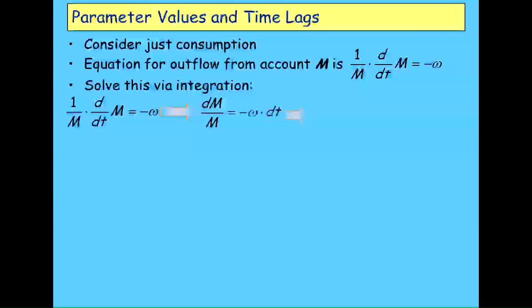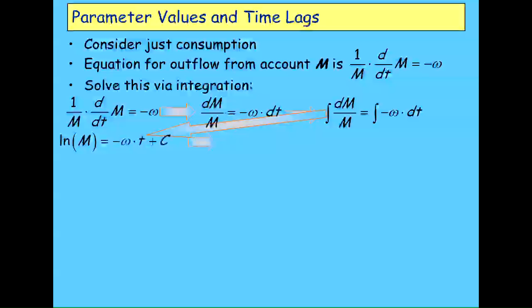Then I integrate both sides, one with respect to m, the other with respect to t. That gives me the log of m on one side and omega times t plus a constant on the other. Then take exponentials of that, so I get m at time t is going to be some constant, m0, the amount of money in the account to begin with, multiplied by e raised to the power of minus omega times t.